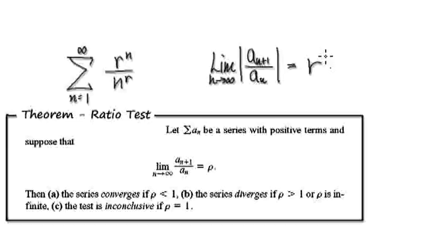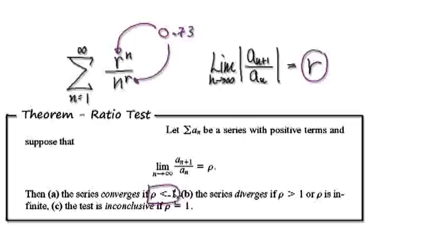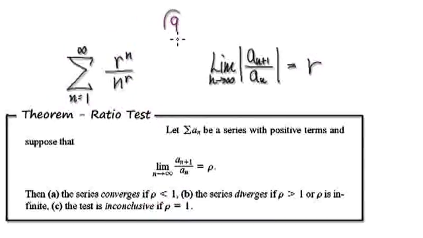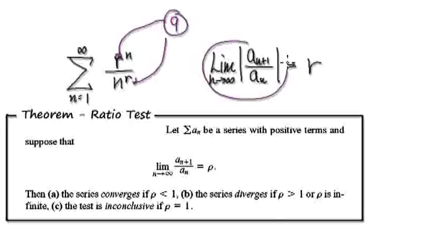So if you put a number here that's less than 1, for example, if you put 0.73 into here and into here, then this r is less than 1, so this series will converge. If you put in, let's say, a 9 into here and compute this value, it will give you a 9.